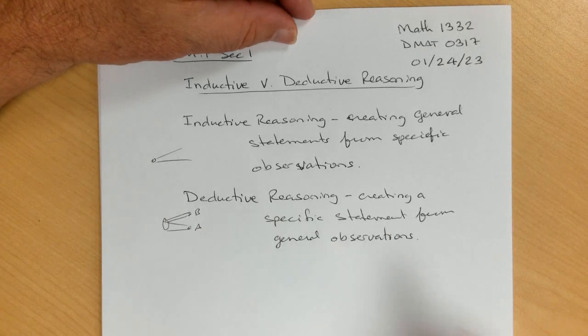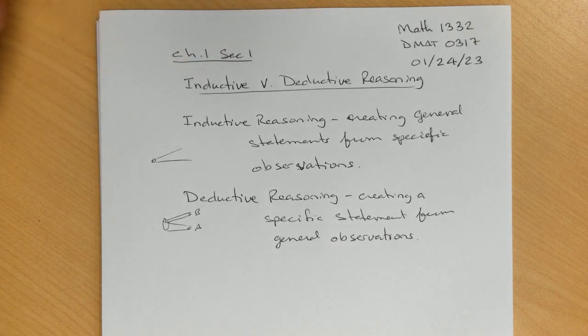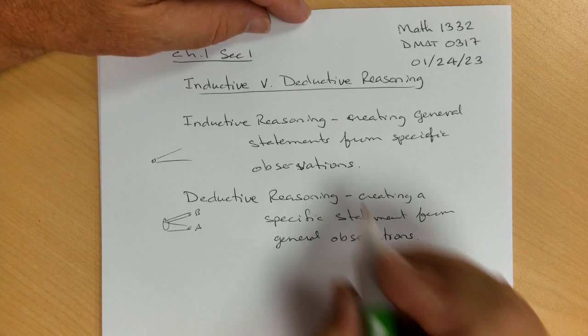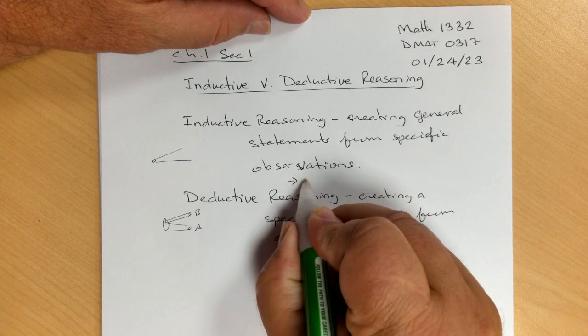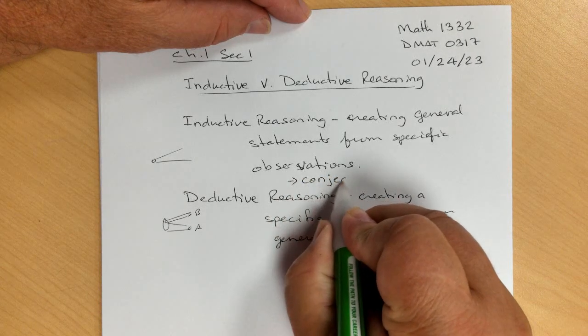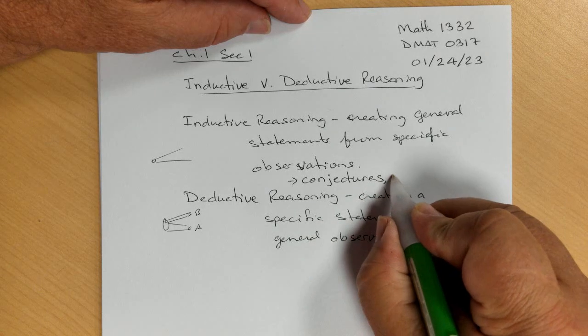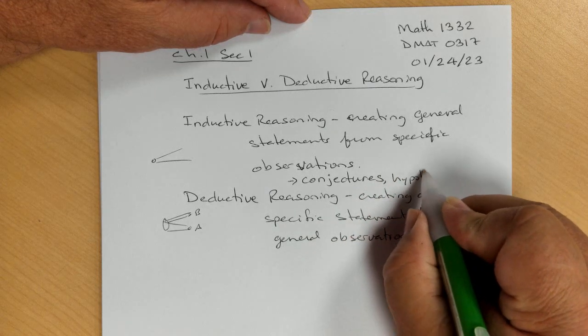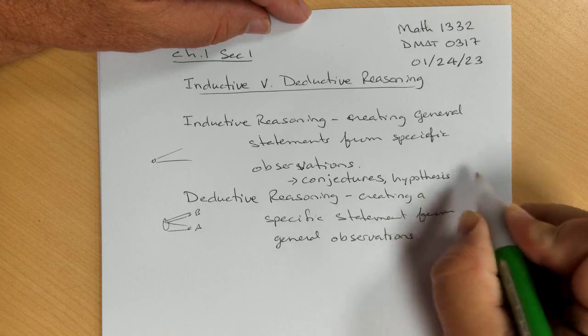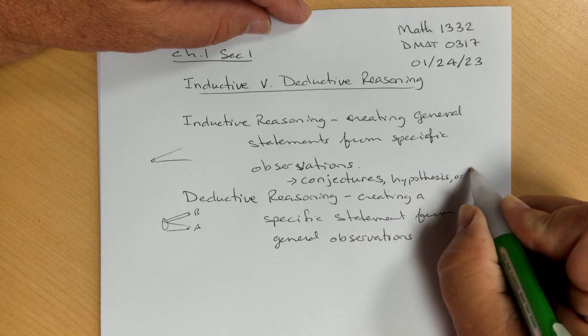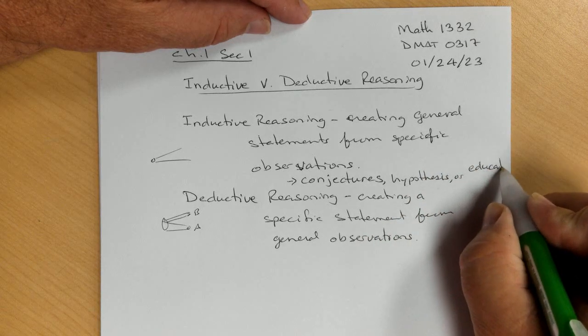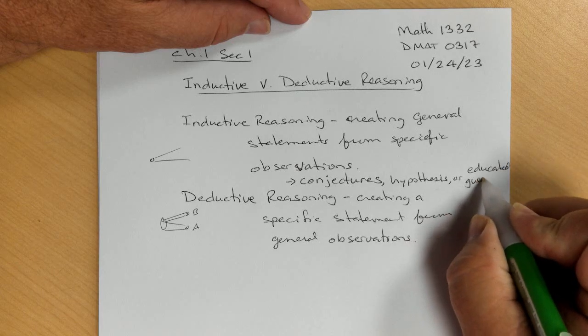Now, in inductive reasoning, when we make a statement from it, those are called conjectures, hypotheses, or educated guesses.